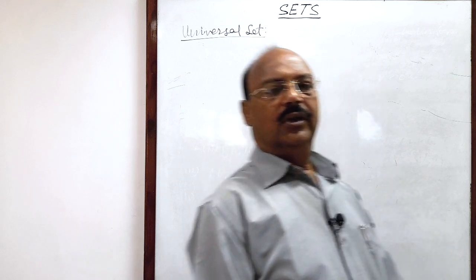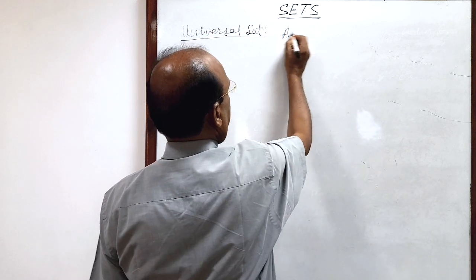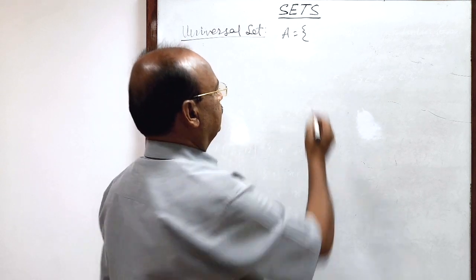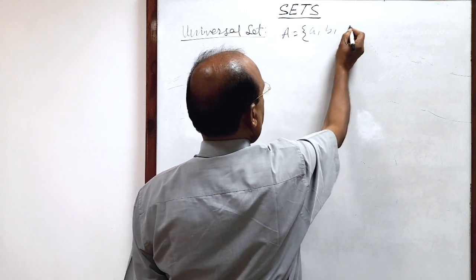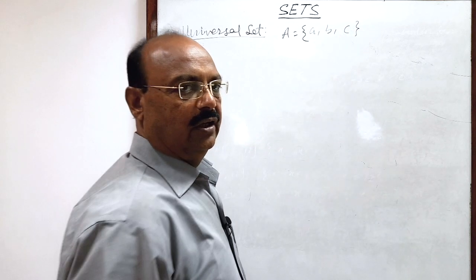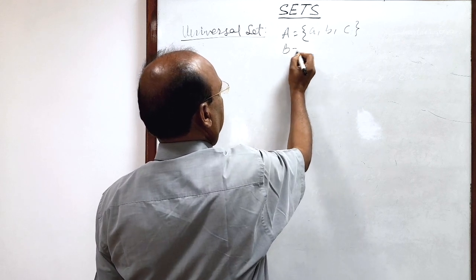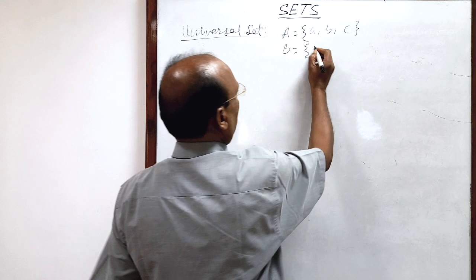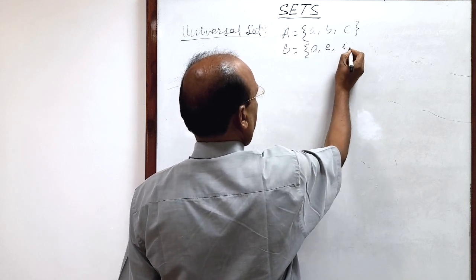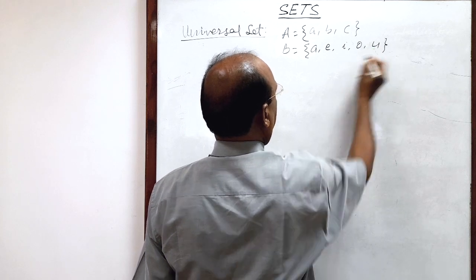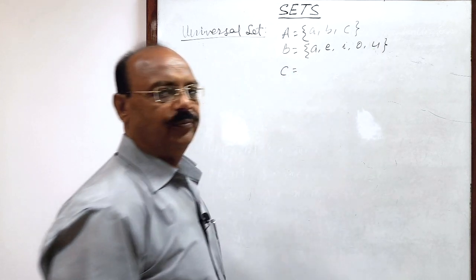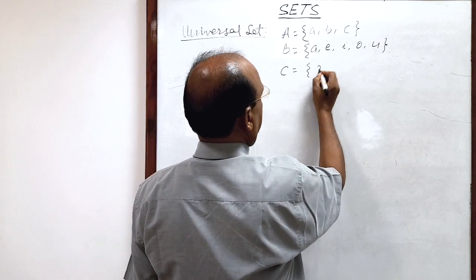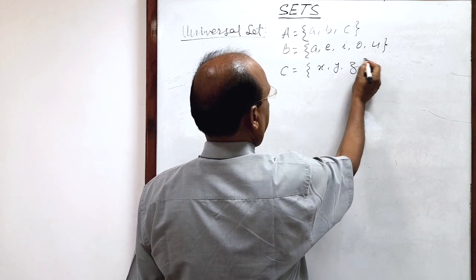Suppose we take a set A having first three letters of English alphabet A, B, C. Let us take another set B of all the vowels of English alphabet A, E, I, O and U. Let us take another set C, last three letters of English alphabet X, Y, Z.